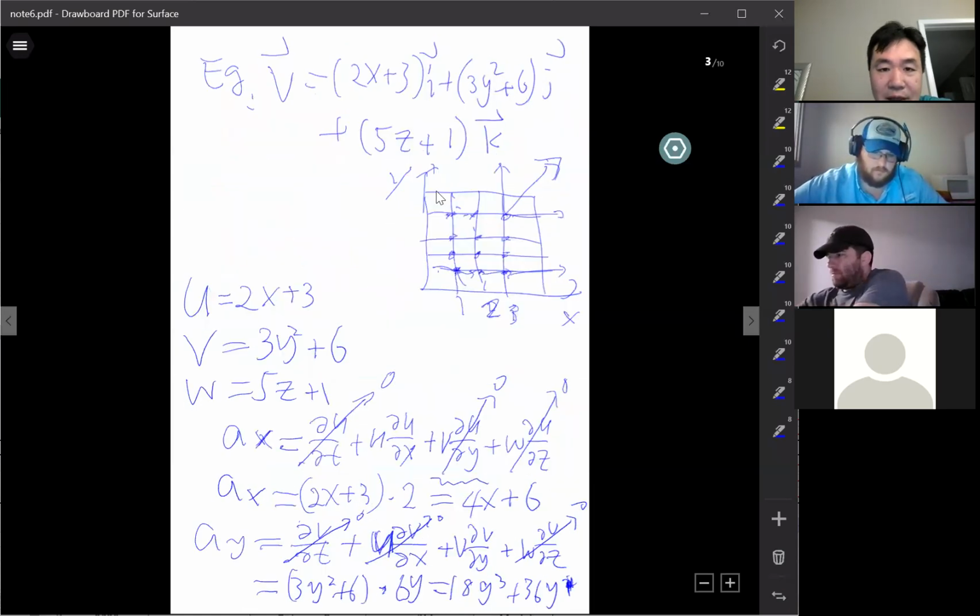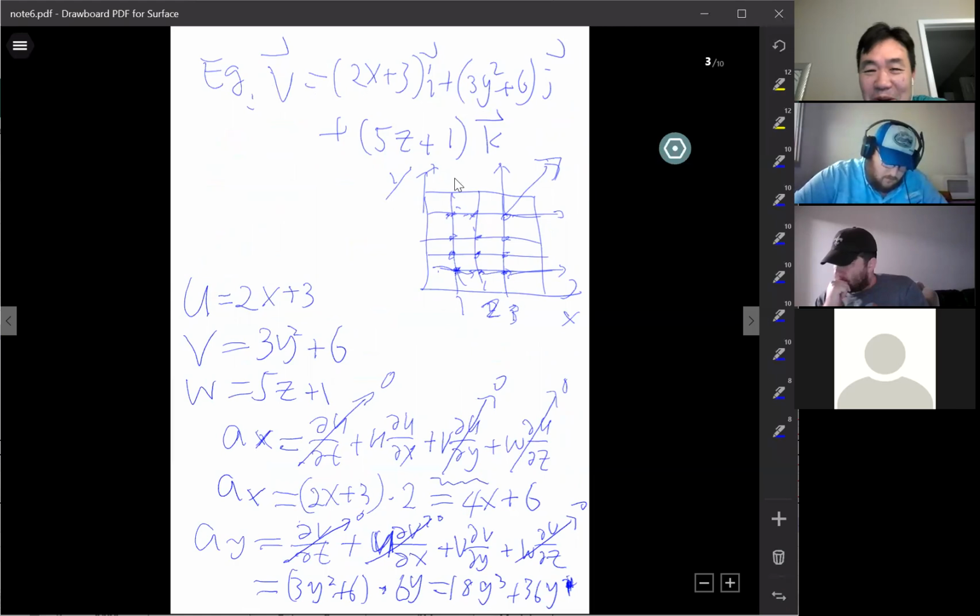I think we did an example last time. 3D problems. I give you a vector form of velocity. Now you're an engineer, now you have this class, you should be comfortable with the vector form of the velocity field. Three terms here, i, j, k. The expression in front of i is u, in front of j is v, in front of k is w.